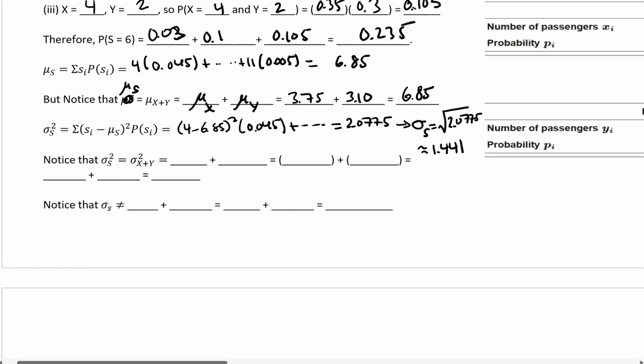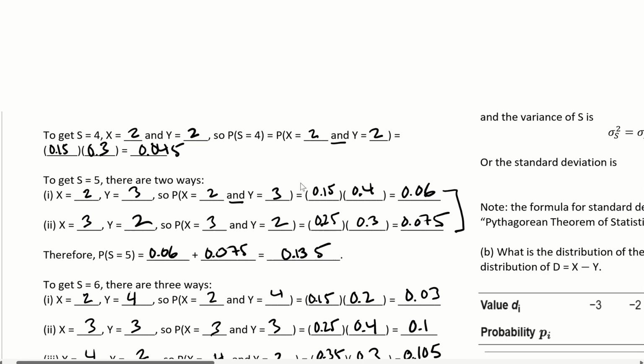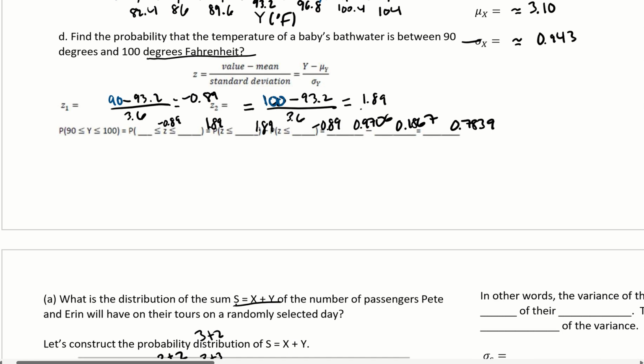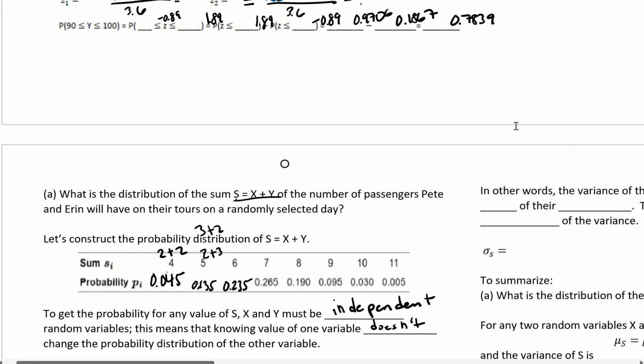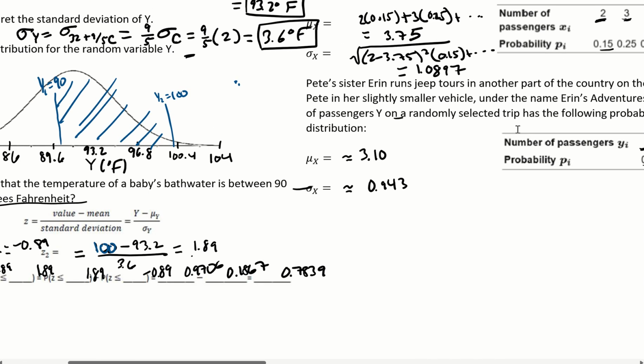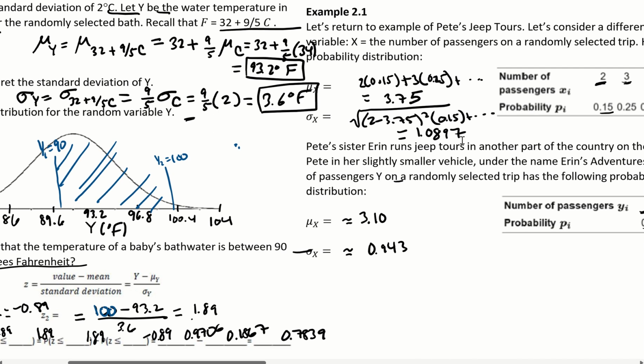Okay, here. So I want you to notice a couple of things. The variance is actually equal to the sum of the two variances. Okay, I'm going to point this out to you so you can see it. Sigma x, which is what we got for Pete, was 1.0897.